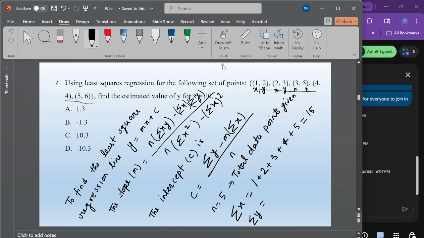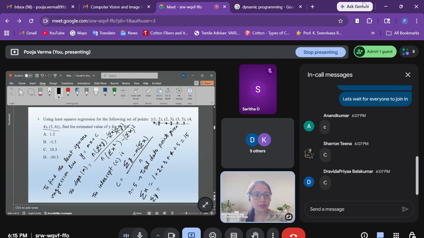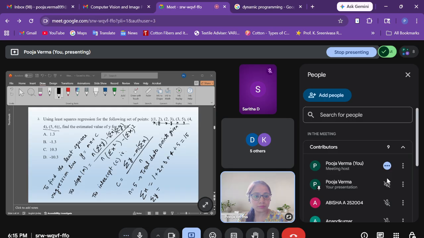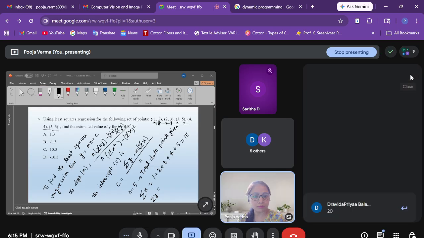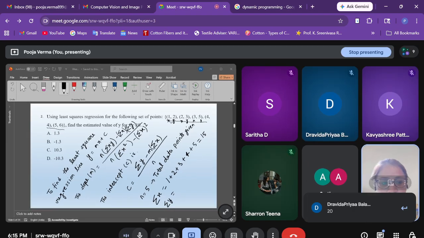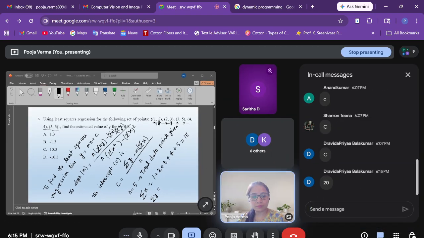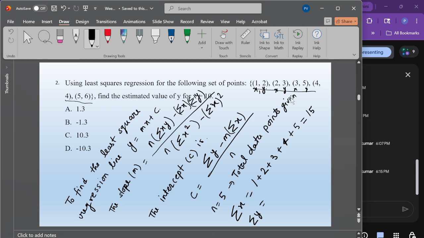So any one of you can calculate and let me know what will be the summation y. 20, right. So y is 2 plus 3 plus 5 plus 4 plus 6. If you add all the data points, you will get 20.